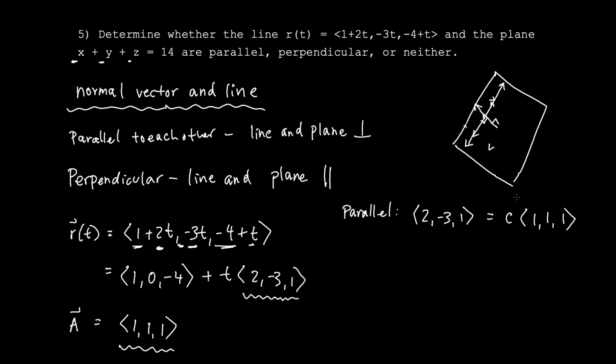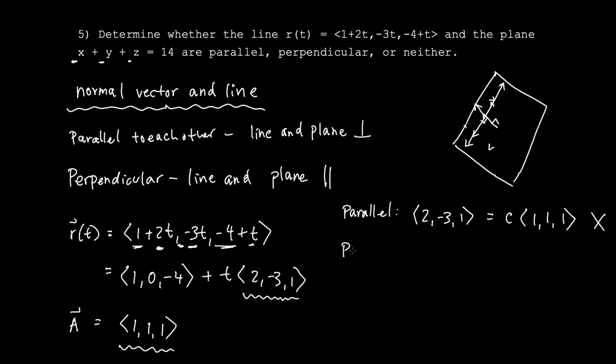And the answer to that is no. This is false, because 1, 1, 1 and 2, negative 3, 1 can't be equal to each other when multiplied by a single scalar, because a scalar is distributed across all three components. 1 and 2 have a multiplier of 2, and 1 and negative 3 have a different multiplier of negative 3. Since those two ratios are different, these vectors cannot be parallel.